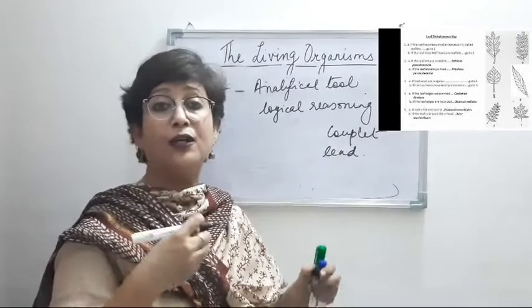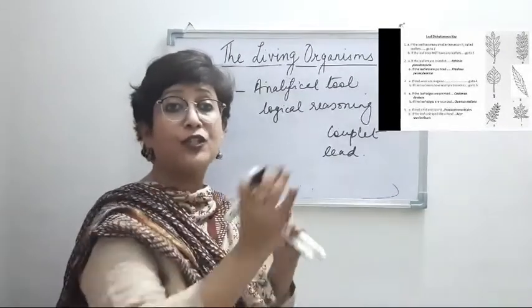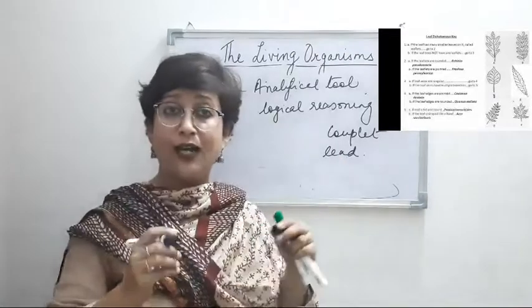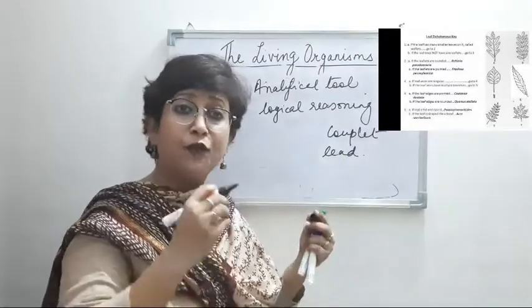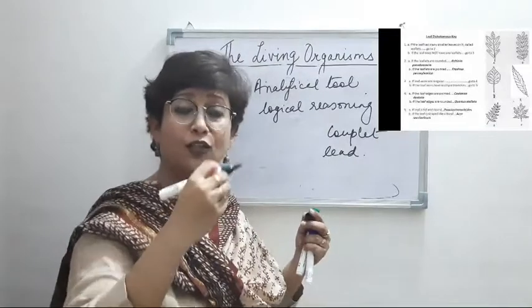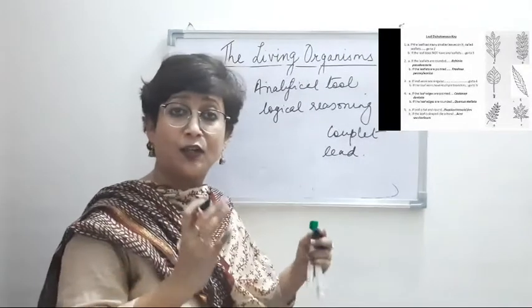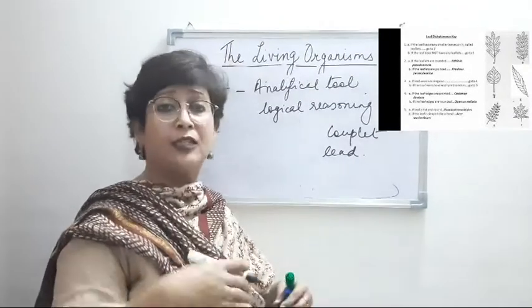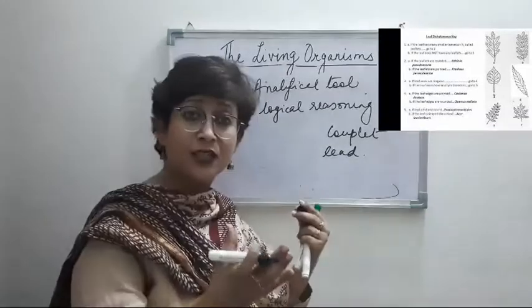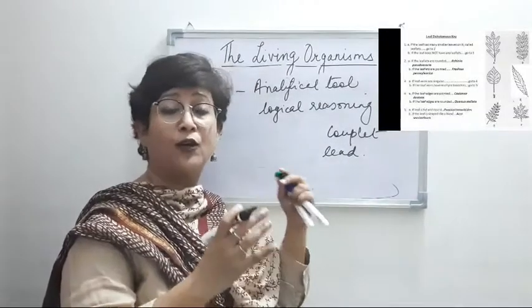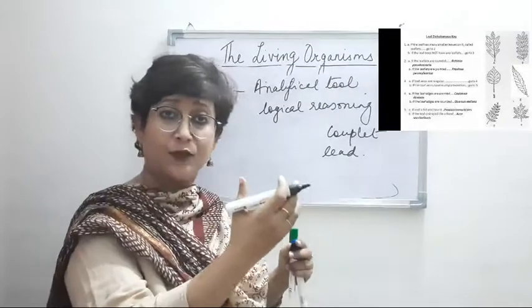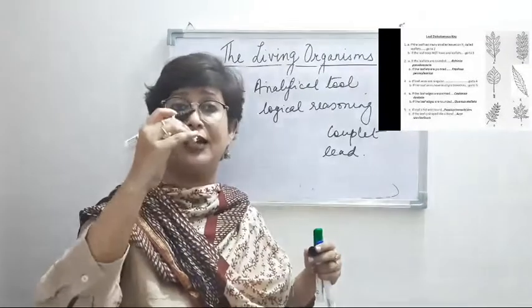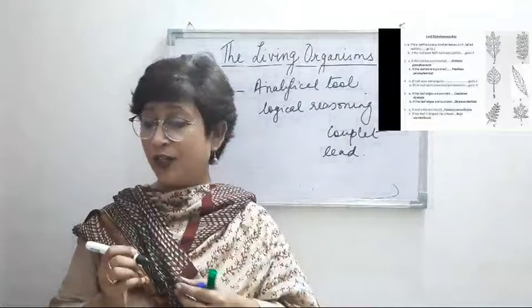And the keys are different for different taxonomical categories. That means the set of keys for species is different, the set of keys for genus is different, the set of keys for phylum is different, for class is different. So every taxonomical category has a different set of keys, right?